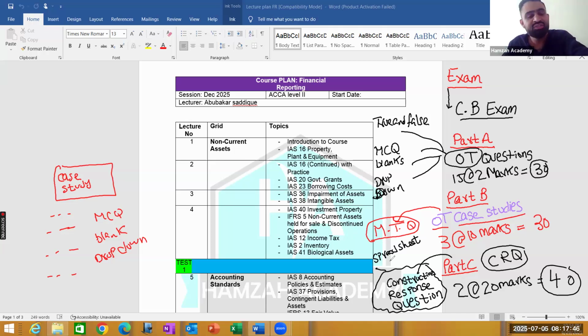If they ask you to prepare the consolidated financial statement, you have to use the spreadsheet. And for a question in which you have to give some explanation or conduct analysis, especially ratio analysis, interpretation of the financial statement, for such questions they will give you the word option to write your answer.